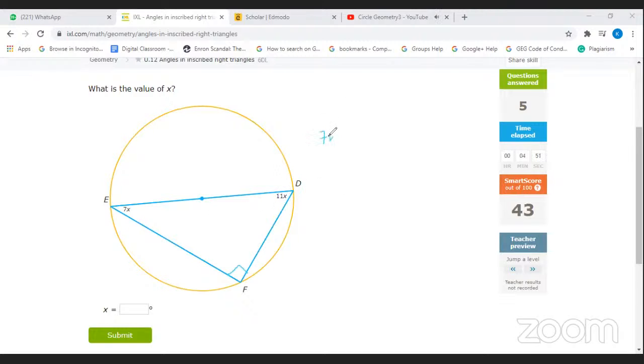So 7x plus 11x plus 90 equals 180 degrees. 7x plus 11x, that would be 18x, will be equal to 180 minus 90, that would be 90. So x will be equal to 5.